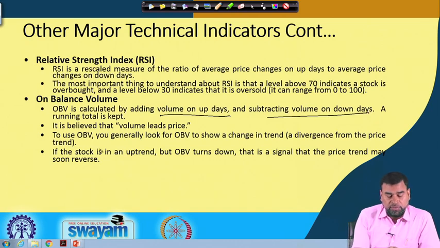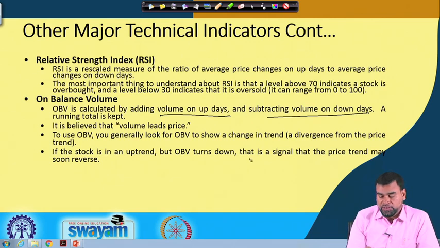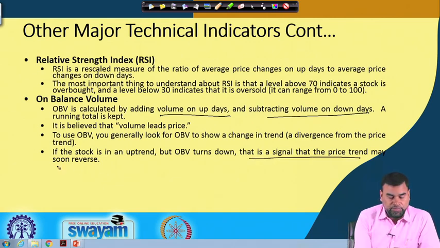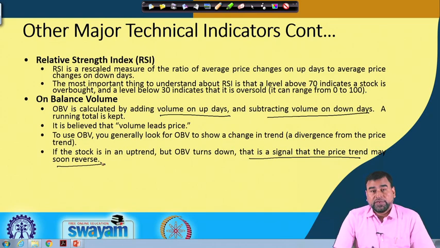To use this on-balance volume, we generally look for OBV to show a change in the trend, that means a divergence from the price trend. If the stock is in an uptrend, but the on-balance volume turns down, that is the signal that the price trend may soon reverse. It is very clear cut.